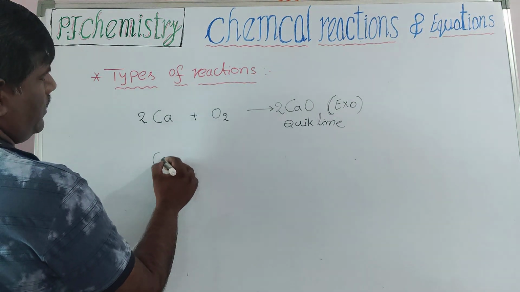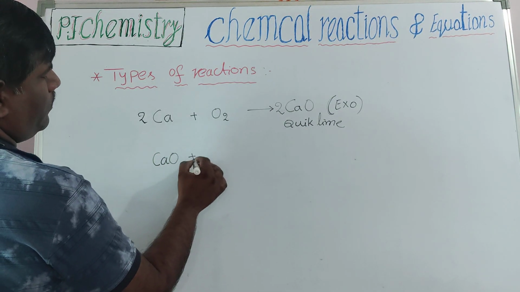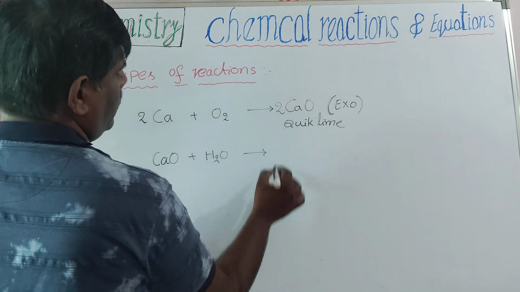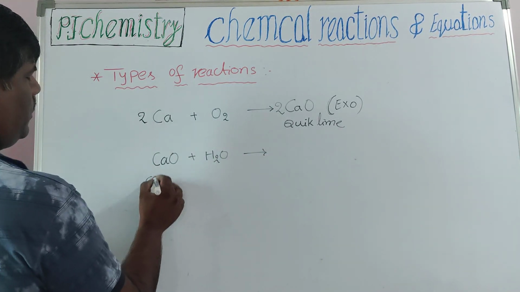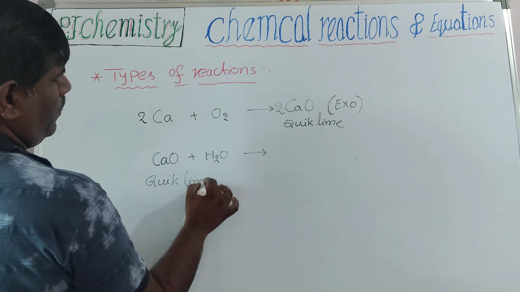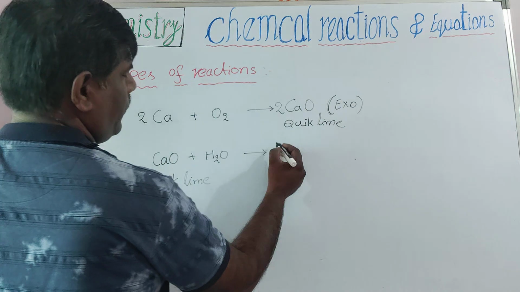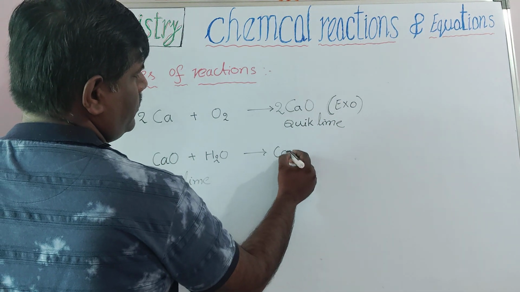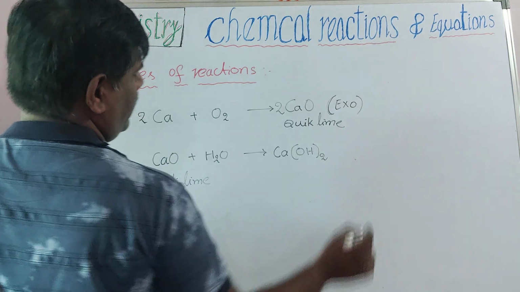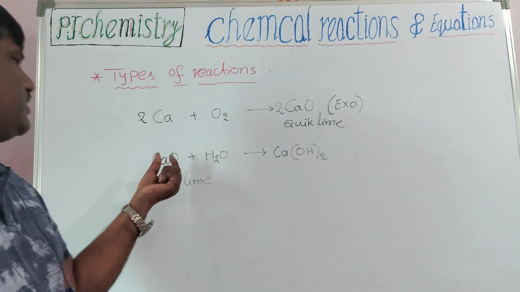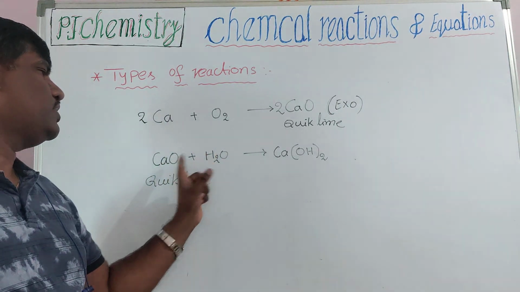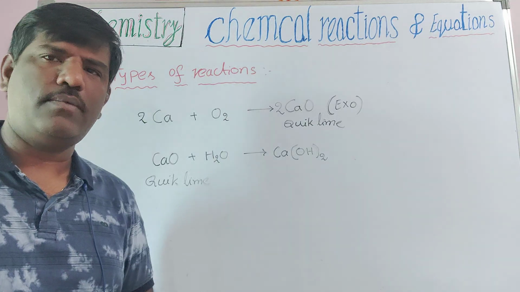Now this calcium oxide, quicklime, when we add it to water, it gives calcium hydroxide. CaO plus H2O. 1 calcium, 1 calcium. Hydrogens 2, oxygens 2. So OH twice, calcium hydroxide.